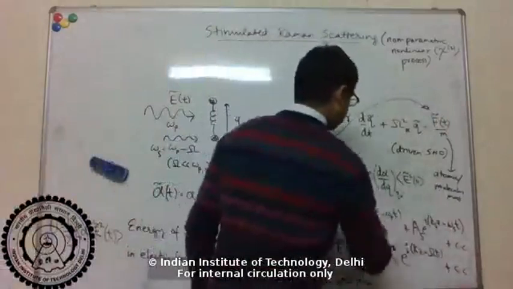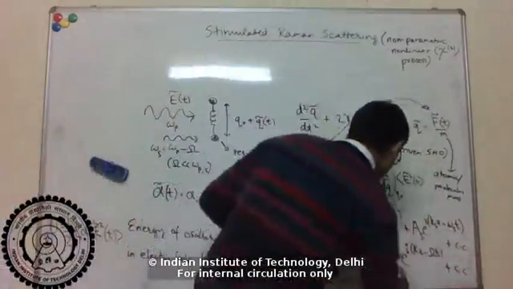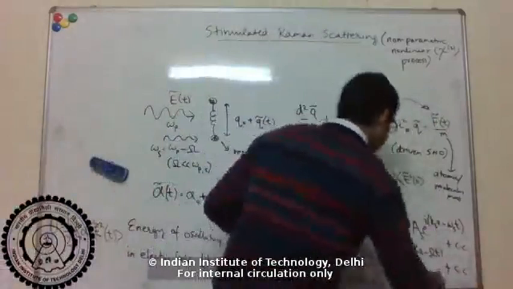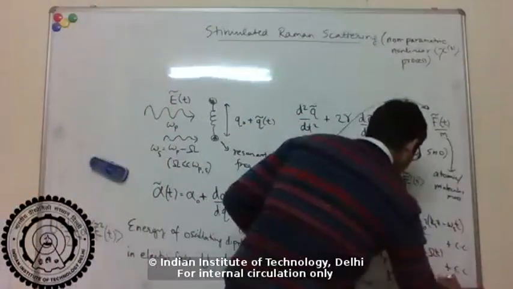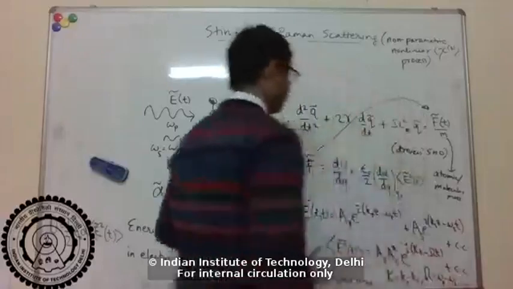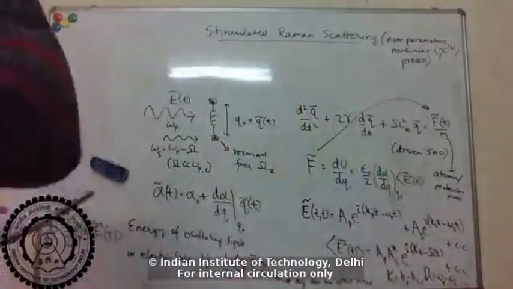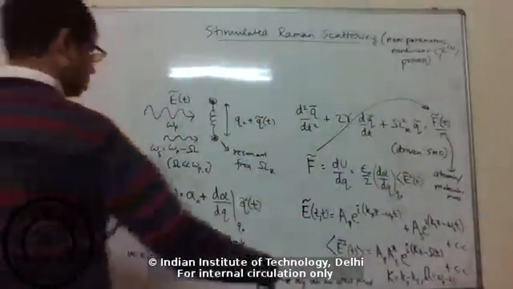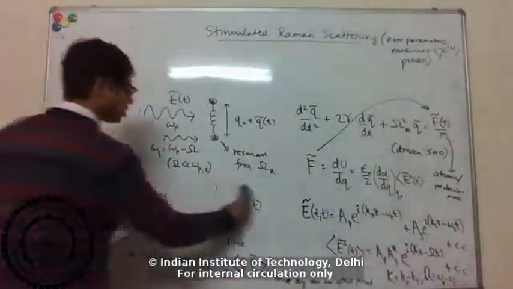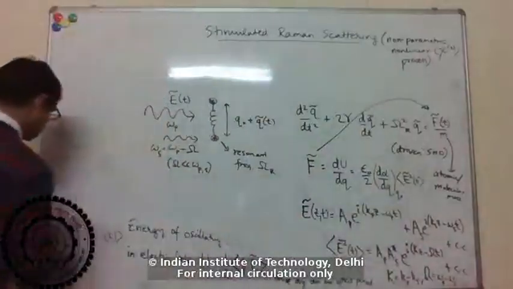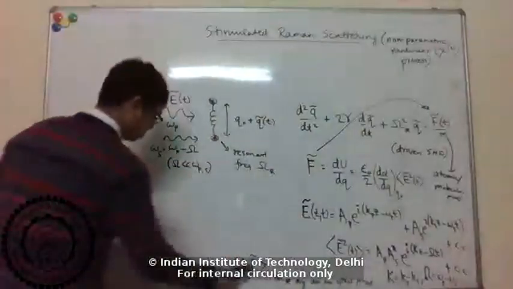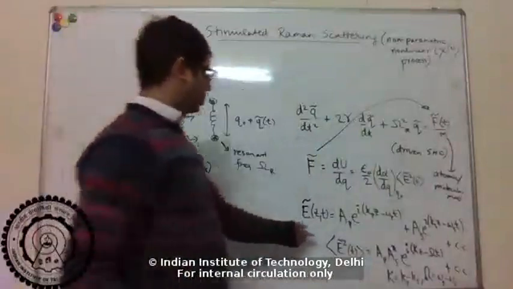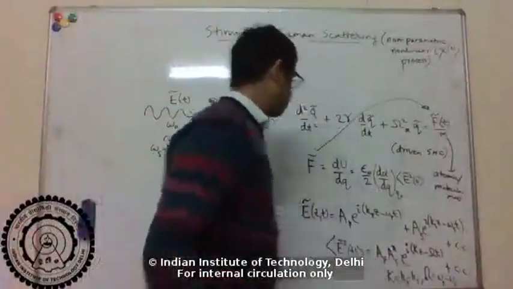The difference between the wave vectors Kp and Ks. And capital omega is the difference in the frequencies, omega p minus omega s. So that means that the force is just this constant times this value.